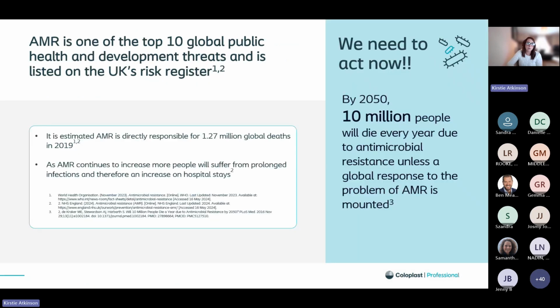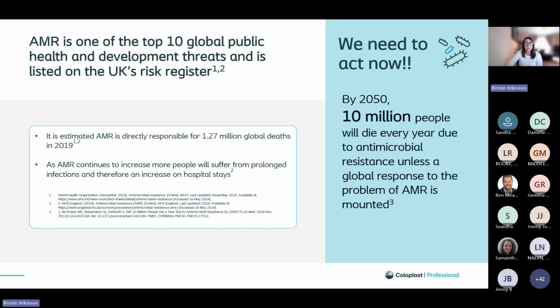Through the slide deck, you will see antimicrobial resistance shortened down to AMR, and that's what you'll see going forward. Antimicrobial resistance is one of the top 10 global public health threats, and it is listed on the UK's risk register. In 2019, it was estimated that AMR was responsible for 1.27 million global deaths.